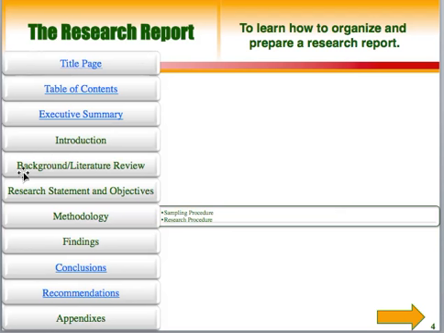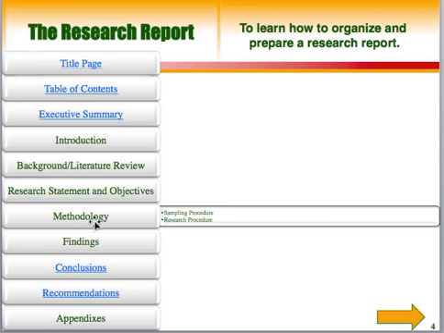This is sometimes a chapter on its own, or you can have it as a continuity after an introduction. After that, you have the most important, which was your assignment 2, research statement and objectives. We've already learned how to make and write them, but they should be listed clearly in the report altogether.